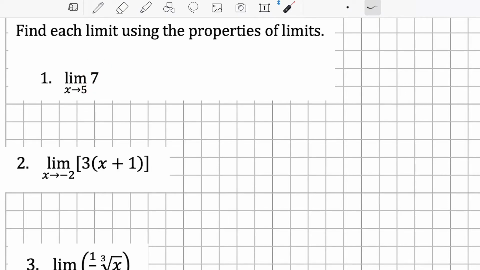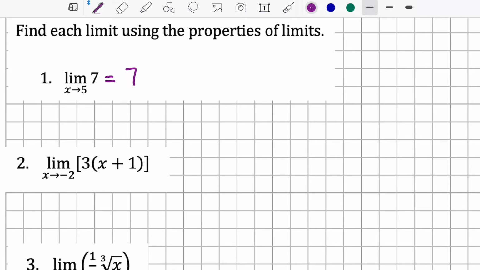And according to that first property, the limit of f of x as x approaches a certain value, if that f of x is a constant, then the limit is just a constant. So for this one, the limit as x approaches 5 of 7, it's just 7.